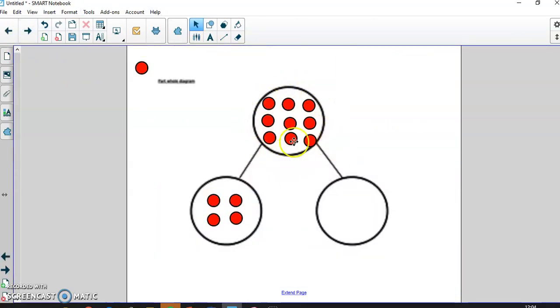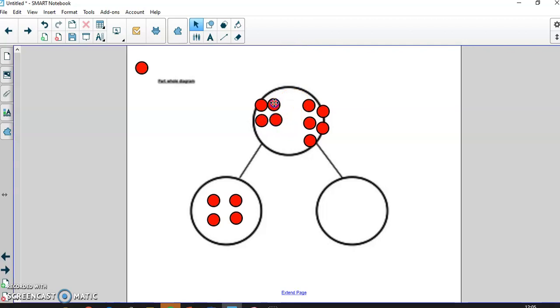So if 9 is our total, we can think about 9 as being made up of a 4 and a 5. Let's show that on here. We can see that we can make a 4 and a 5 out of 9. It's a bit of a squeeze. I'm going to put these over here. So I can see my 9.